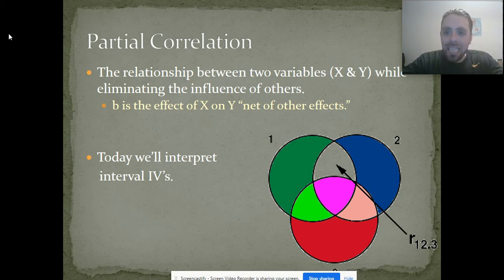When you had a bivariate regression problem, you could explain the slope coefficient using the phrasing of a 1 unit increase in x is associated with a b unit change in y. Now you will have to add net of other effects on the end of that if you have multiple independent variables.